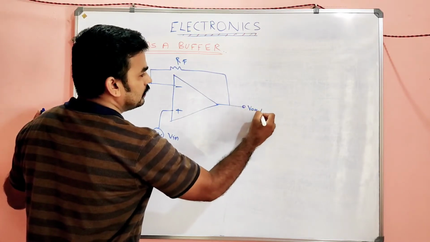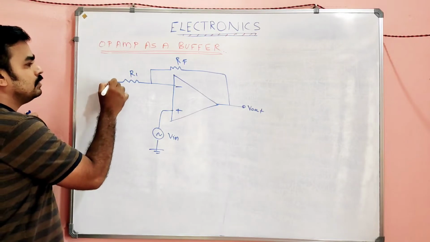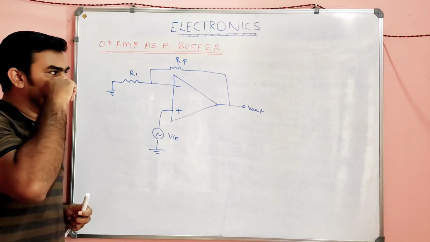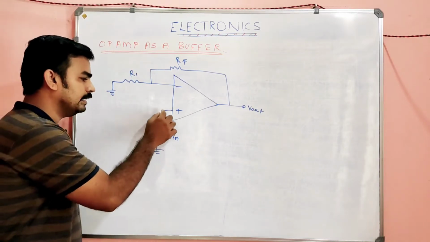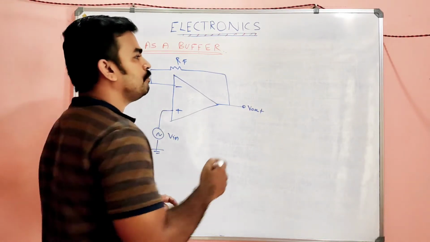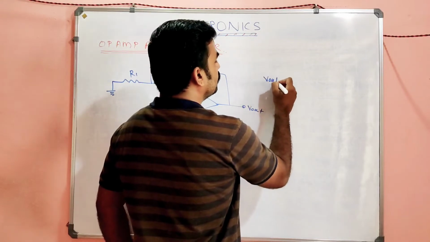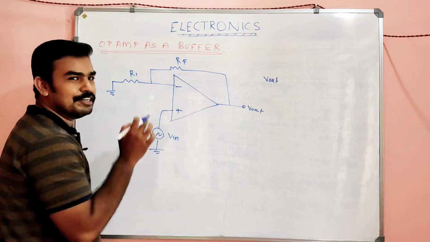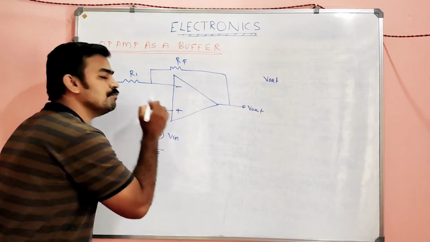Here we take out the output, and this is earthed. So this is the basic circuit of our non-inverting amplifier, because the input is given to the non-inverting terminal. That is why it is named non-inverting amplifier.